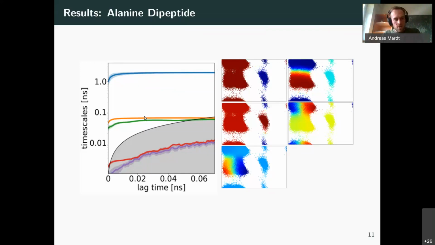The second process is going inside the left part from the lower part to the upper part. And the third one is going from this dark red dot to these blue dots here. It's just the process on the right part. And these very fast processes are jumping between these two basins inside the left side. Okay.